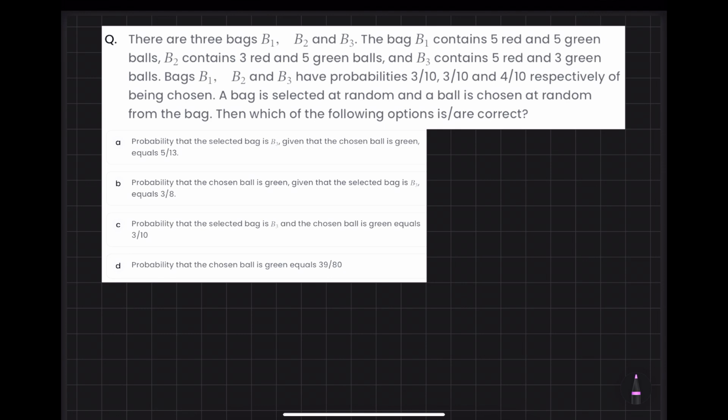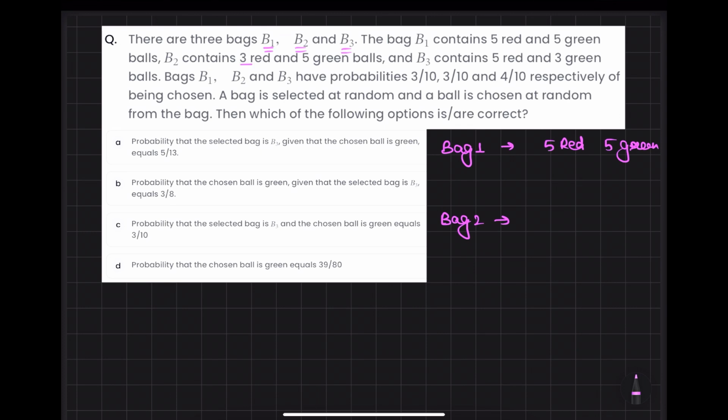So, we got a wholesome new problem which says there are three bags: bag 1, bag 2, bag 3. Bag 1 contains 5 red and 5 green balls. Then we have bag 2.